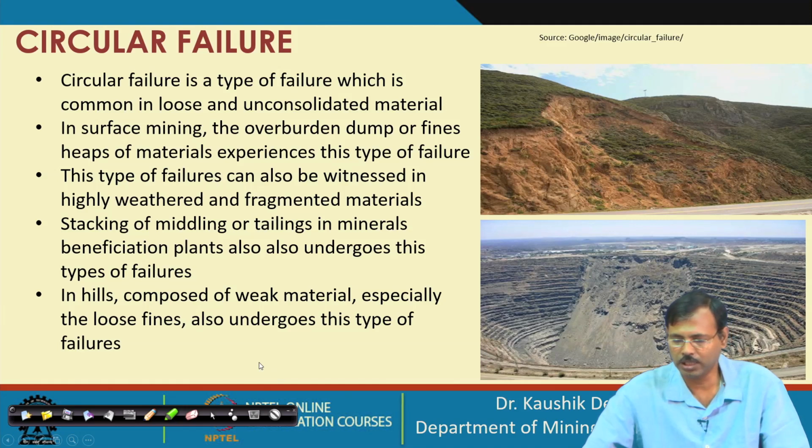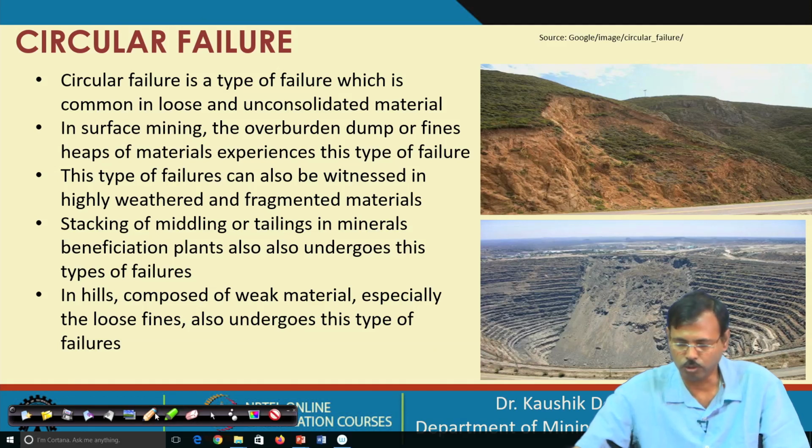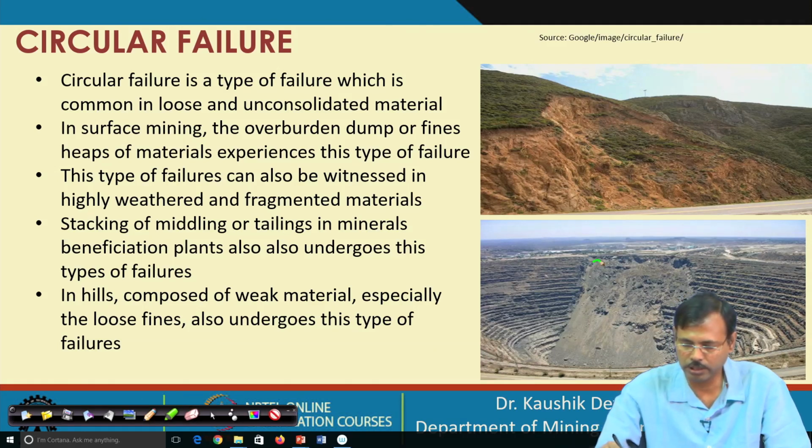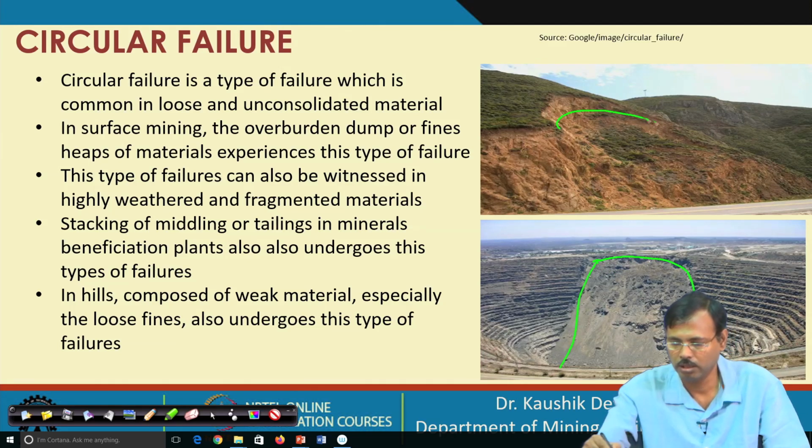Now, these are some of the examples of circular failure that occurred in the mine. You can see the quantity of material slid down here is very high, and that is why the rehandling cost is high, and any machines under operation are already damaged because of this.